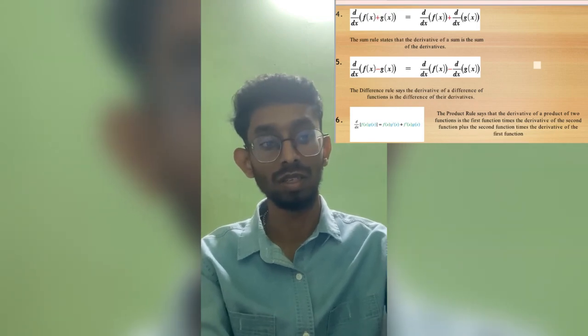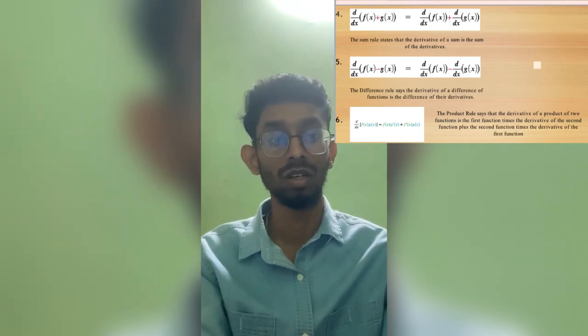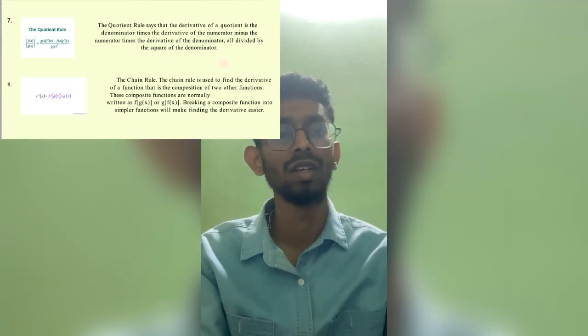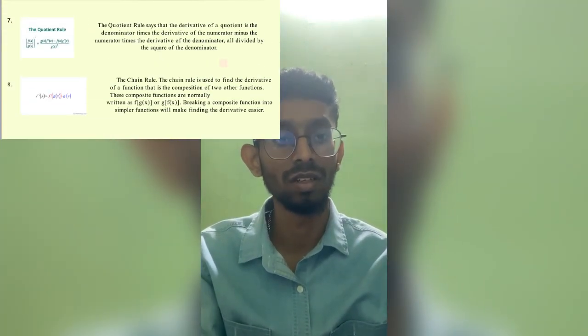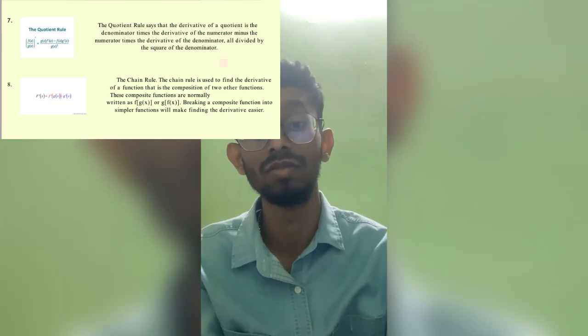The product rule says the derivative of a product of two functions is the first function times the derivative of the second function plus the second function times the derivative of the first function. The quotient rule is the denominator times the derivative of the numerator, minus the numerator times the derivative of the denominator, over the denominator squared. And the chain rule is used to find the derivative of a function that is a composition of other functions.